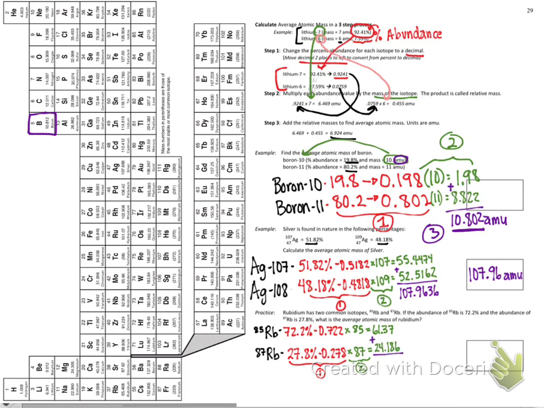When I add those relative masses, I end up with 85.556. And again, my unit is AMUs. And here is my third step, where I get to add those relative masses. All right, so I'm going to go find rubidium on my periodic table of elements.